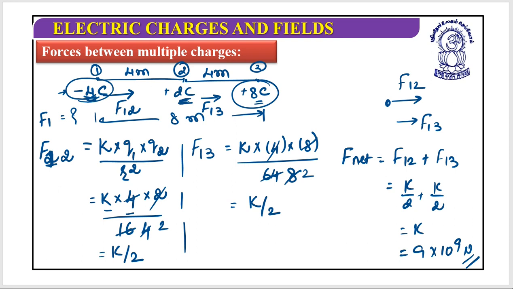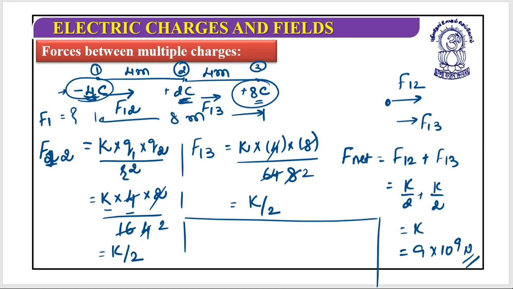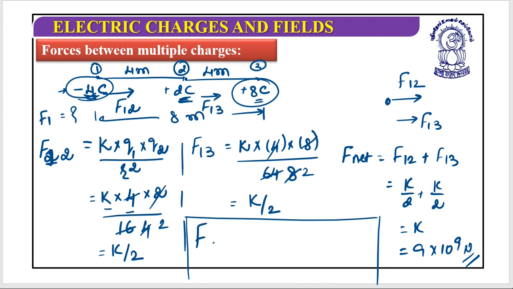Did you understand this fully, completely? Okay, do one thing. You just solve this question for the force on the second charge. The first and second charges are 2 coulomb charges, and you also need to find the force on the third charge. So what you need to do is first calculate the magnitude, I mean the value. In the second step, you need to consider the direction.